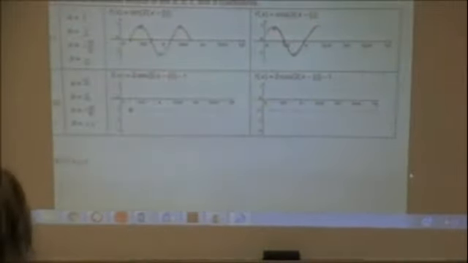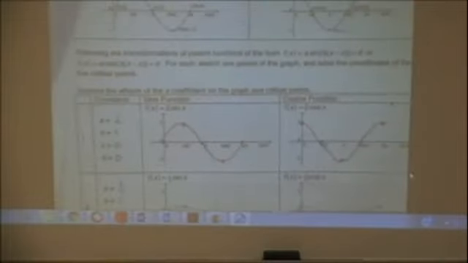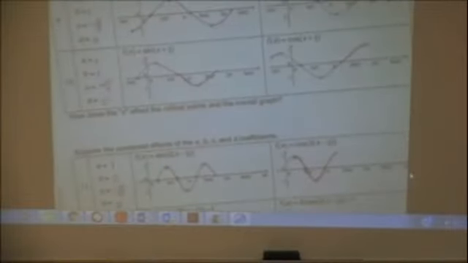Only thing I have to figure out is what about my horizontal compression? Before I go up, how far over am I going? So I can go back and look at my second critical point for sine, which was pi over 2. I have my B value of 2, which means I have to divide by 2 or multiply by a half, which puts me at pi over 4. And then I know that I have that shift by another fourth.